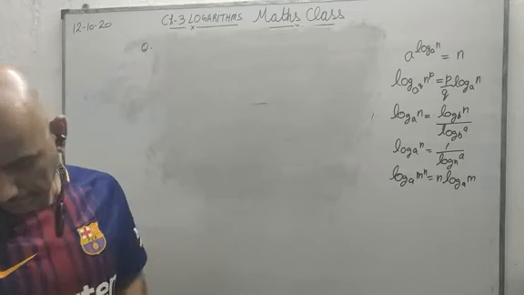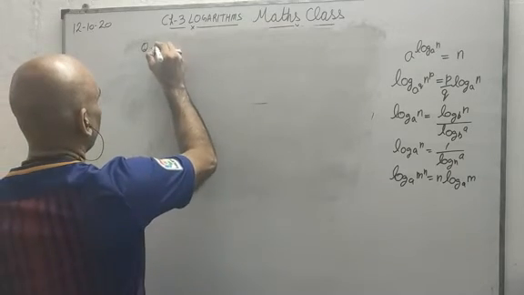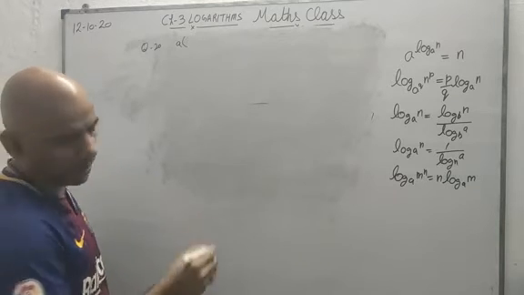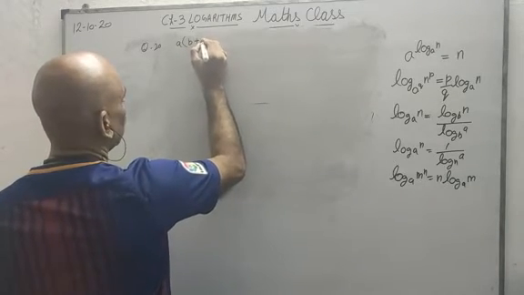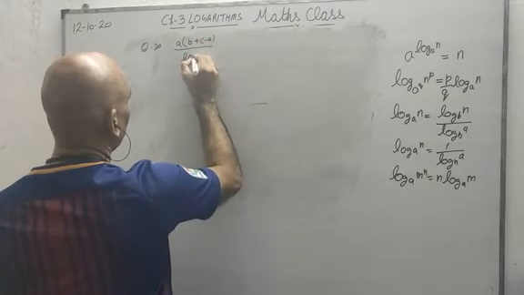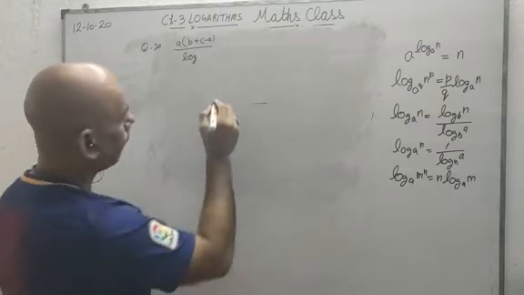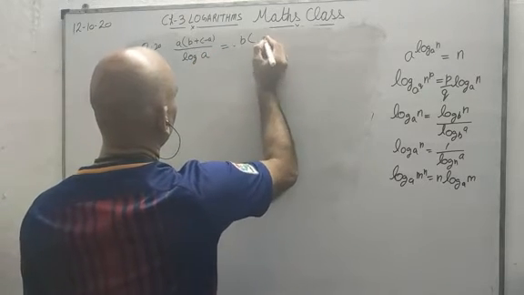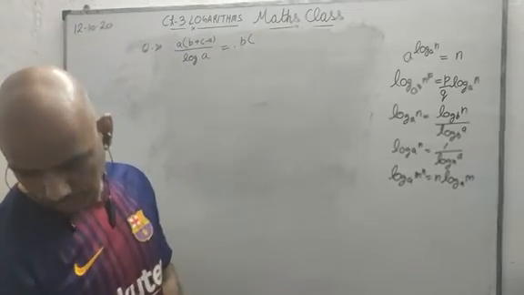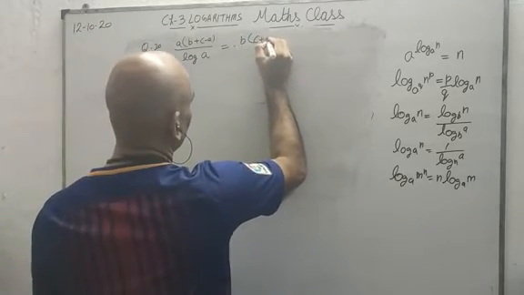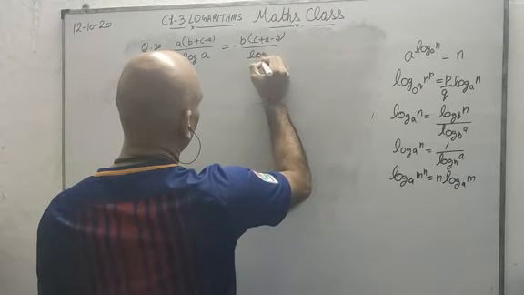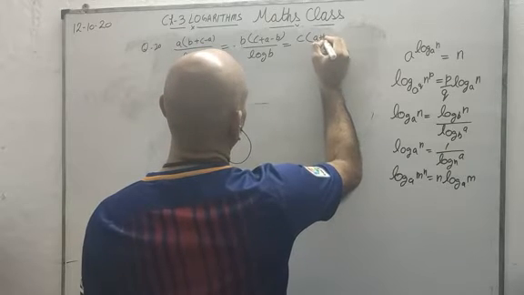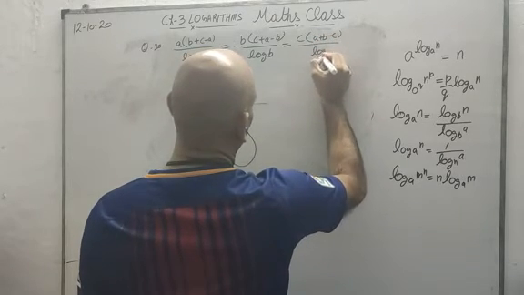What he is saying is that a upon b plus c minus a upon log a, then b into c plus a minus b upon log b is equal to c into a plus b minus c log c.